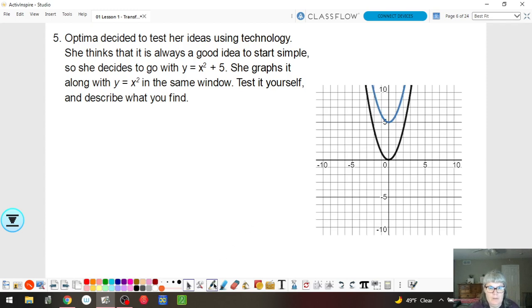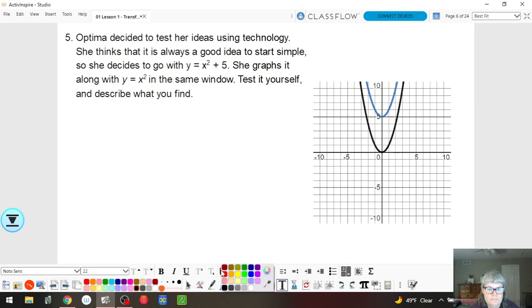And let me label that. I guess I need to type it. Again, that blue curve is the equation for y equals x squared plus 5.